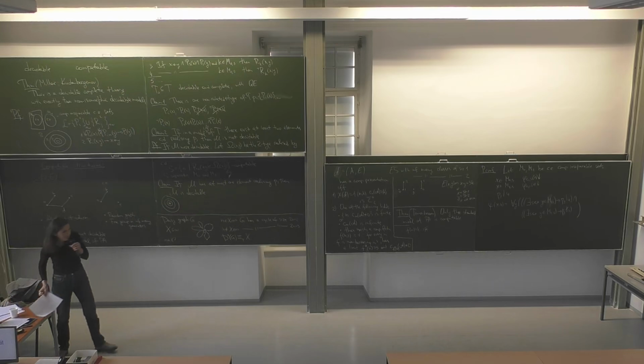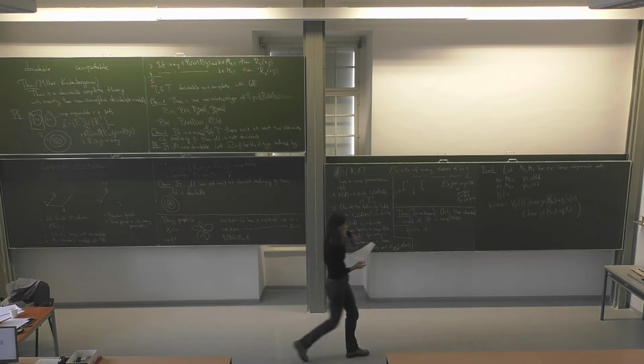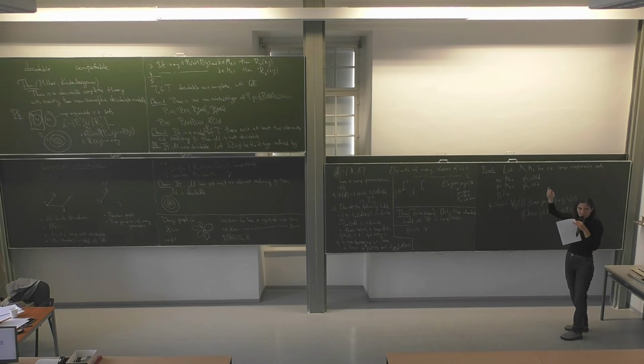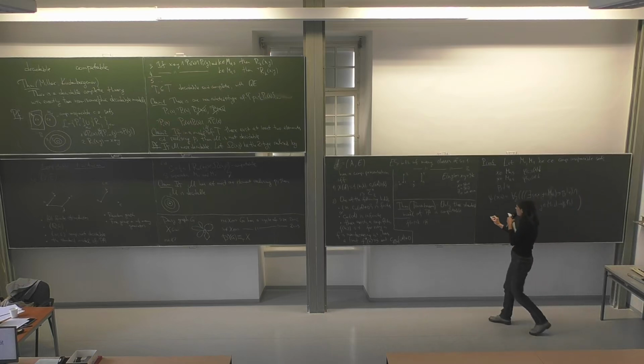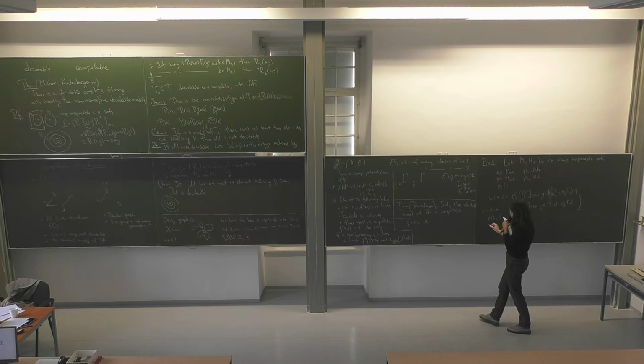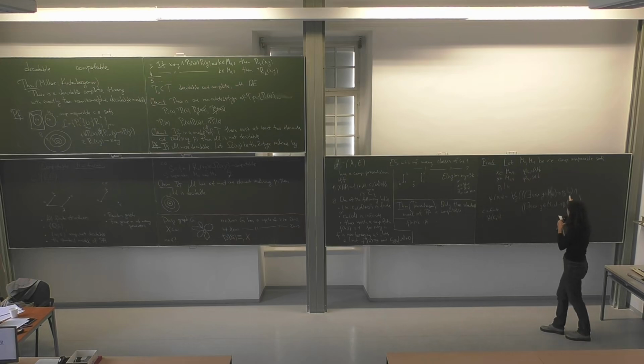Now, you remember we are in a non-standard model of arithmetic. So we have a standard part and a non-standard part, some infinite elements somewhere there. If we consider this formula on some finite element c and u, then of course we can find a u such that all of this holds.